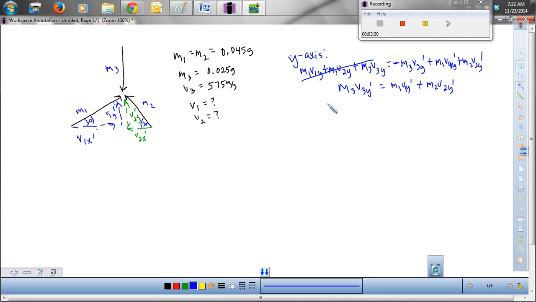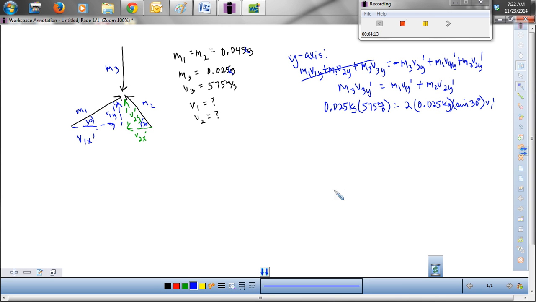So M3 we know is 0.025 kilograms. Those should be kilograms and kilograms. B3y prime is 575. Now, I know these masses are equal. I know these angles are equal, so I'm pretty sure that these speeds are going to be equal. Okay, so I'm just going to say I have 2 of those. And they have the same mass, 0.025 kilograms. And it's going to be the sine of 30, B1 prime.